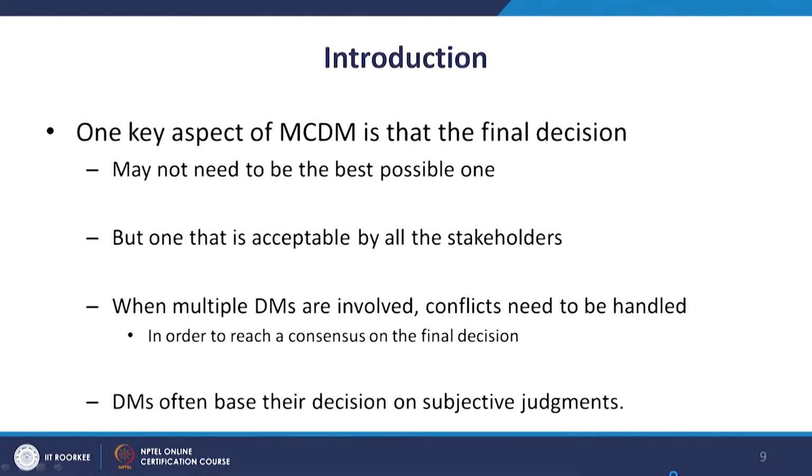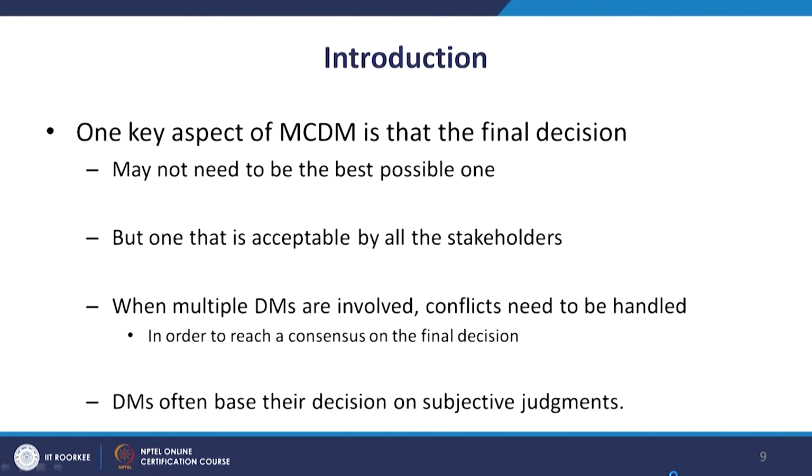When multiple DMs are involved, conflicts need to be handled because their subjective preferences could be different. Therefore, we need to reach a consensus so that a final decision can be made. DMs often base their decision on subjective judgments. This is part of the methods that we adopt in MCDM, so subjective judgments are taken into consideration, and typically based on them the final decision is made.